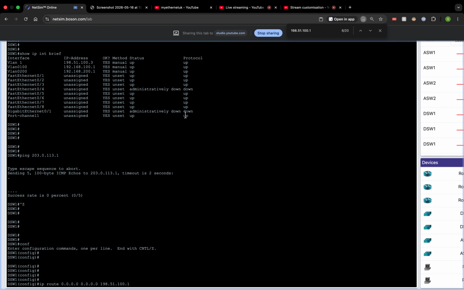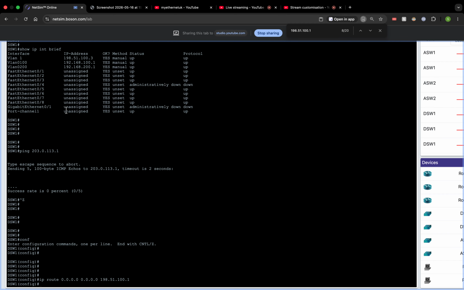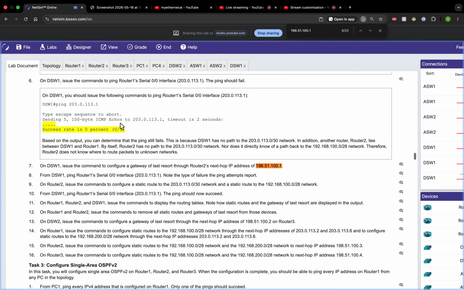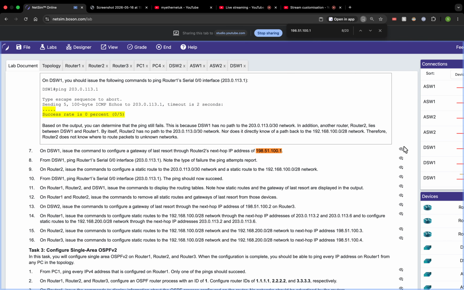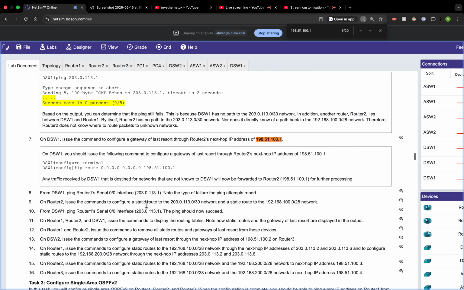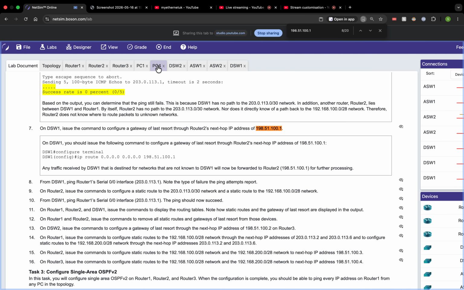Yeah, we need to configure gateway of last resort on DSW1 through to its next hop IP address.